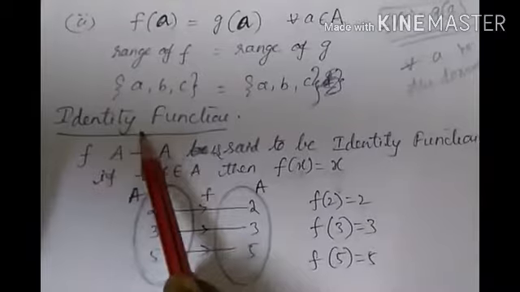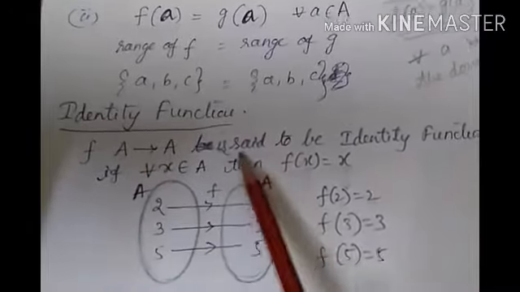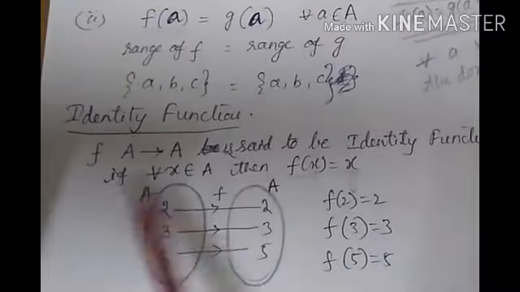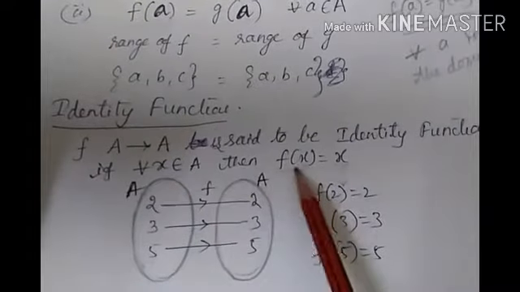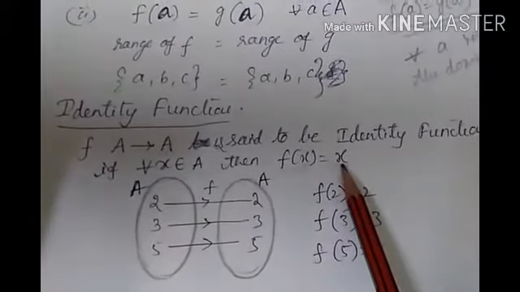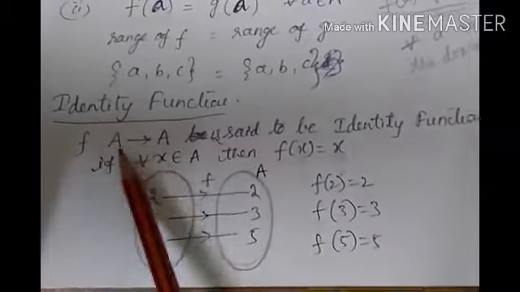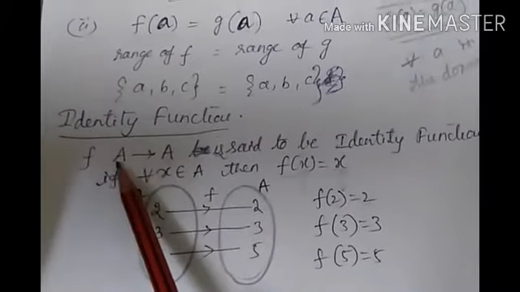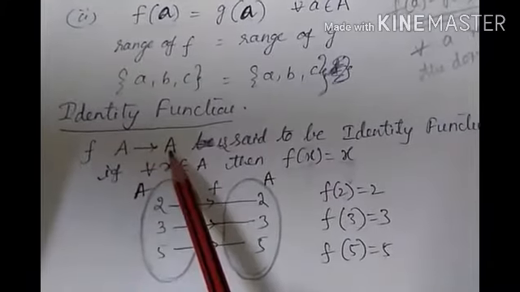The next one is identity function. f from A to A is said to be an identity function if for every x belongs to A, f(x) is equal to x. f is a function from A to A. That means here the domain and codomain are both the same.